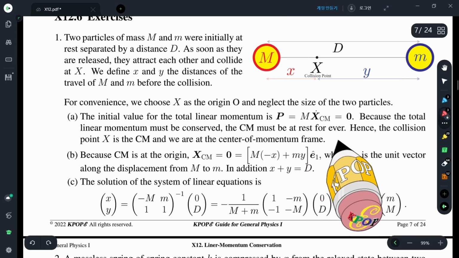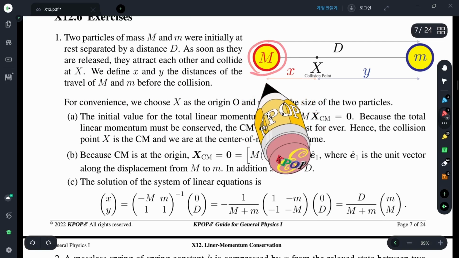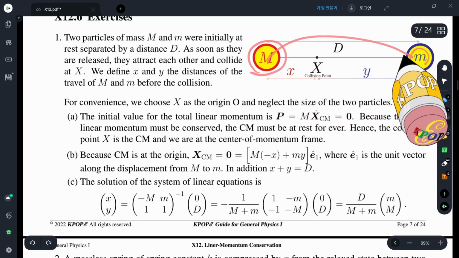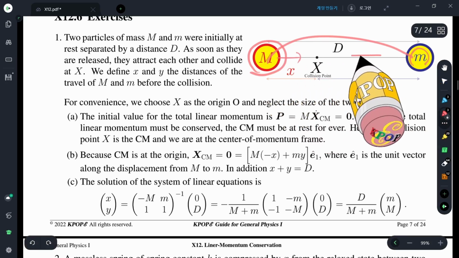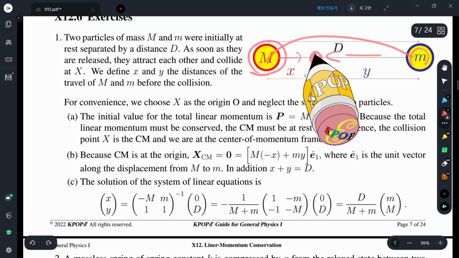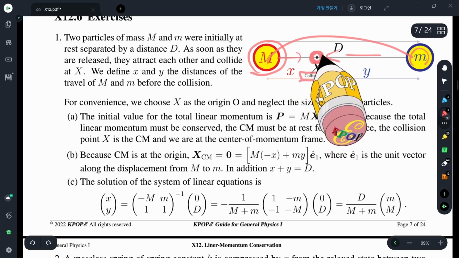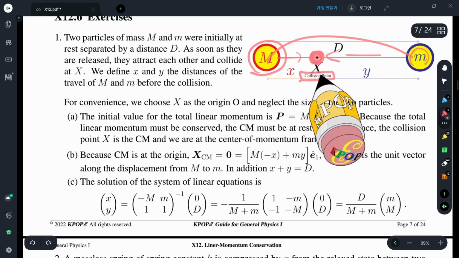Exercise. Two particles of mass capital M and small m were initially at rest at a distance capital D, but at some point, without any external forces, they approached each other, and then there was an interaction point at which they collide and make a complete stop.